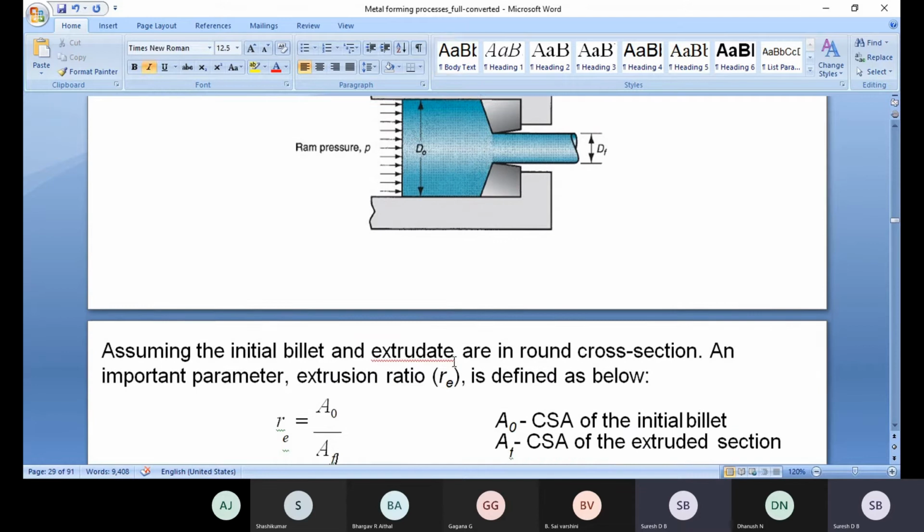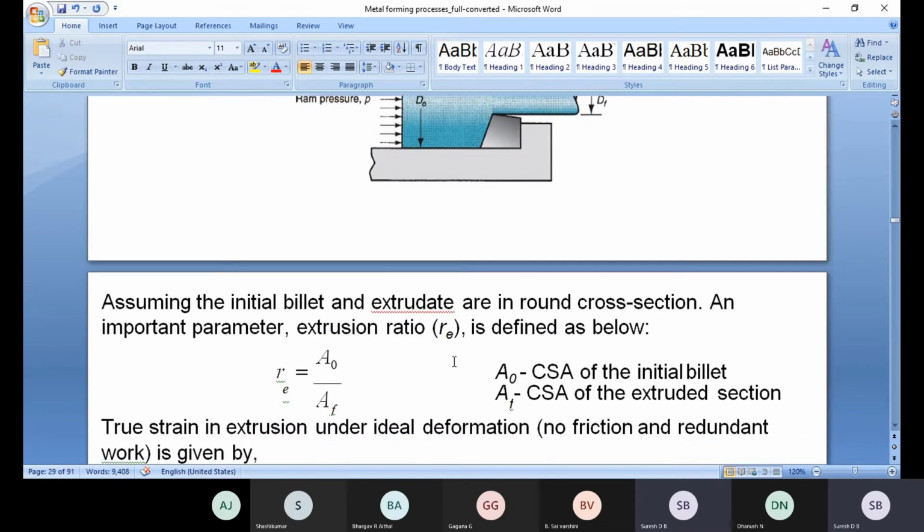The extrusion ratio is always denoted by R suffix E, equal to the ratio of the original cross-sectional area of the workpiece material or work billet to the final cross-sectional area of the extruded component.